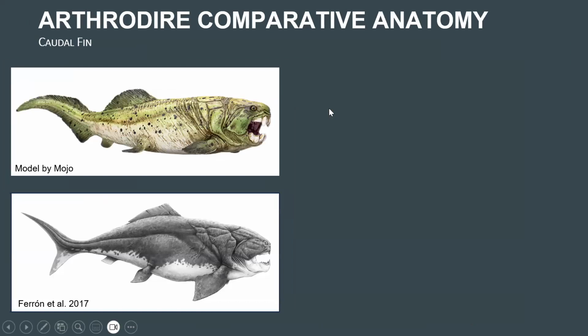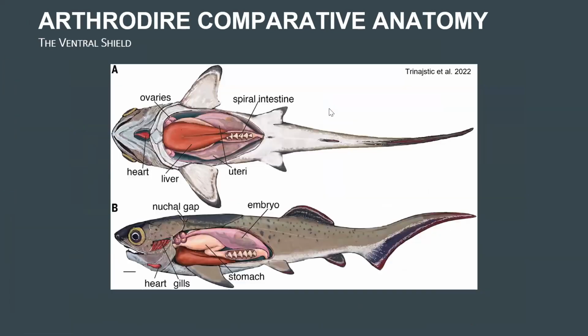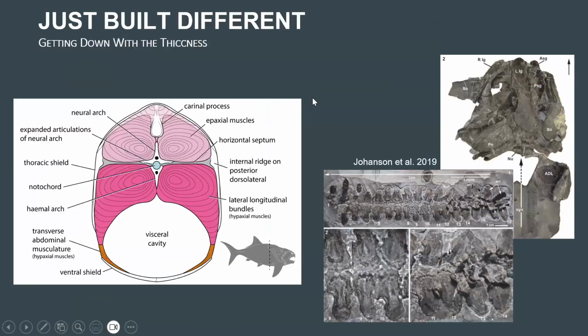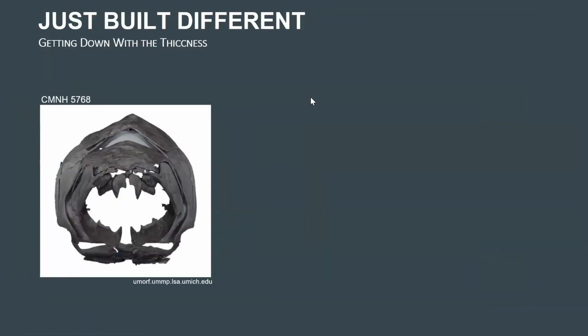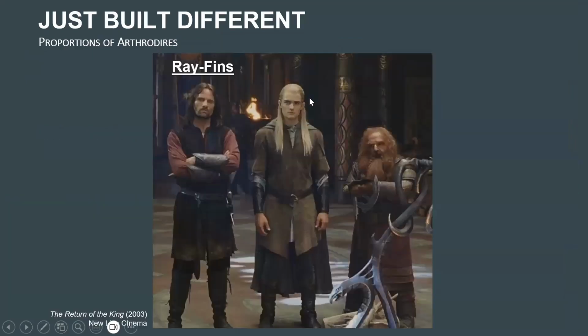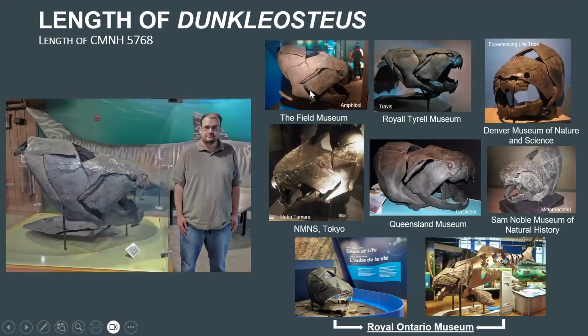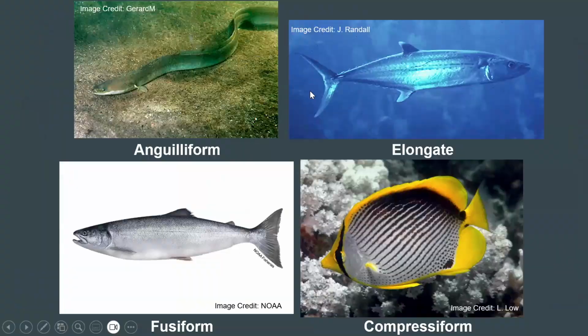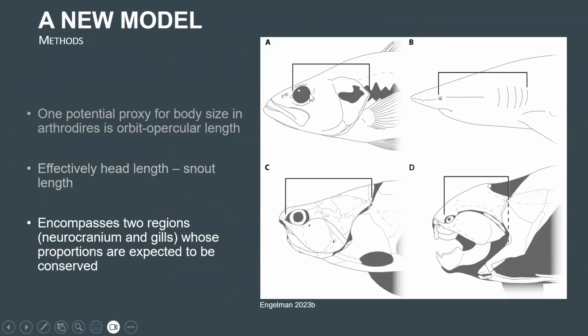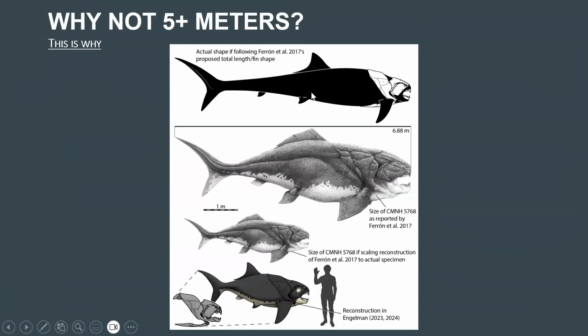It does. But then when you did your reconstruction to that same length, it was this long, skinny, eel-like thing. Did I hear you right when you said that the Farron et al. reconstruction would require a larger head? But they know how big its head was. There's some stuff I can tell you after this lecture.